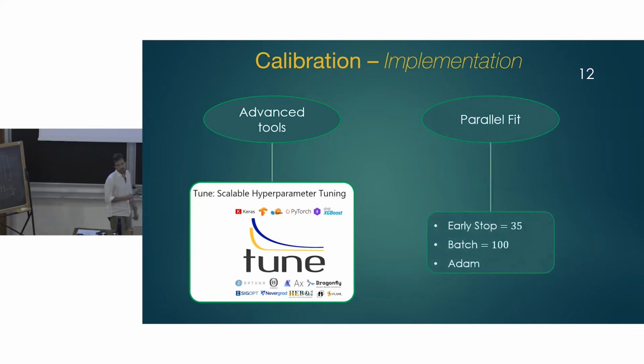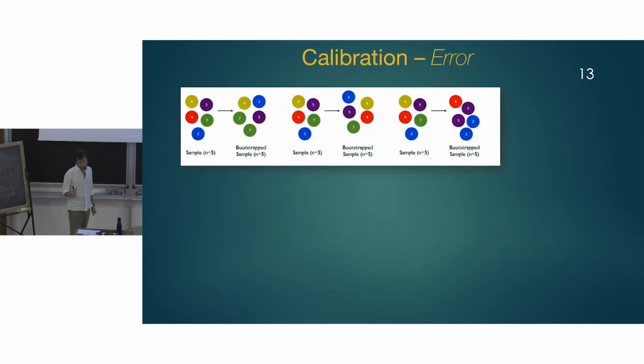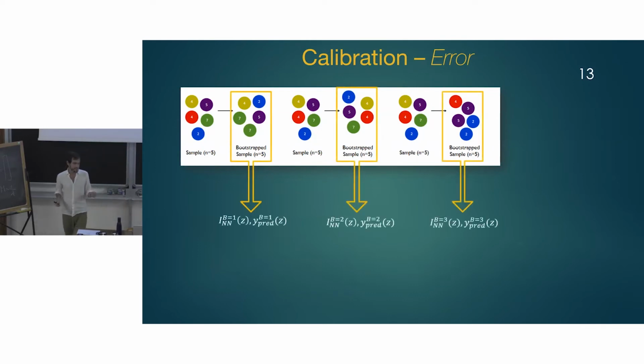Every fitting procedure in the end has those hyperparameters. Now we also wanted to define an error, and this might be a delicate point. We wanted to define an error for each prediction. The way we define the error of our prediction is using the Bootstrap method, which is quite intuitive maybe.